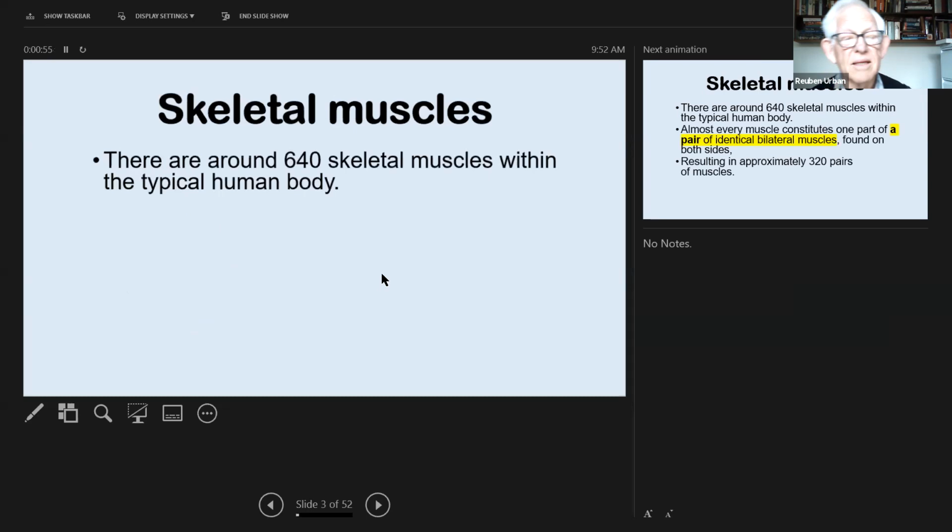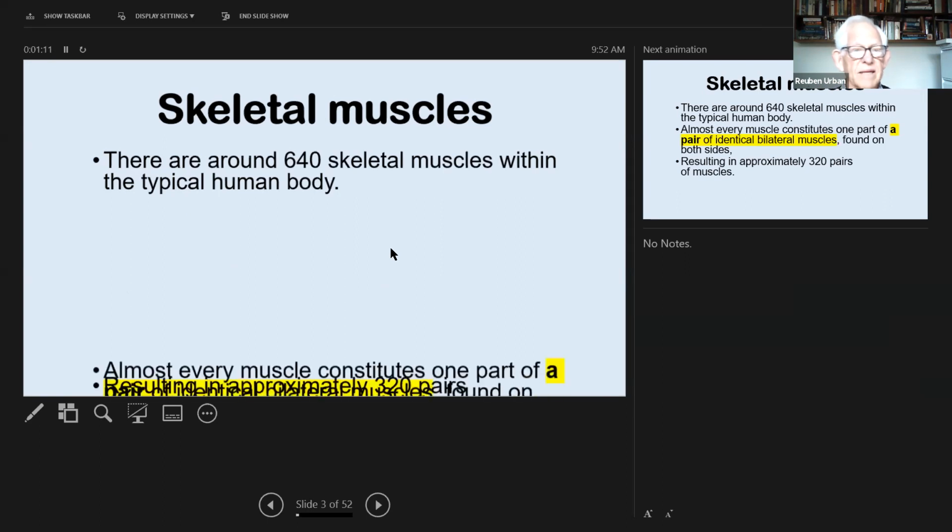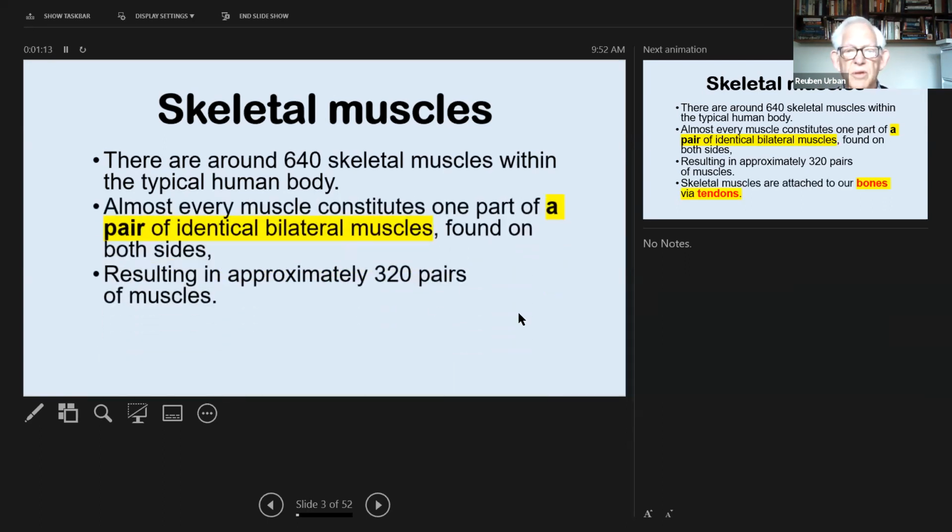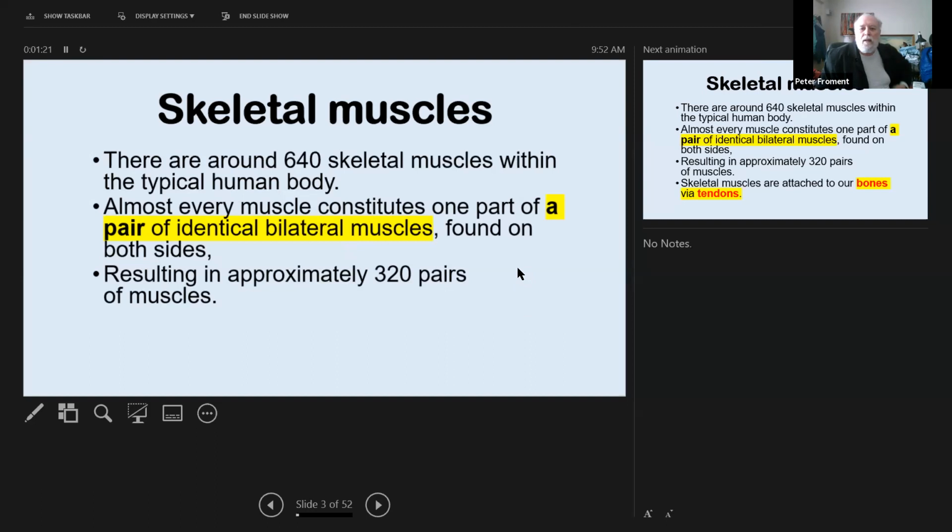So let's start with the skeletal muscles. There are about 640 muscles, or groups of muscles, because any one muscle is made up of groups of fibers. In a typical body, they mostly are made up of pairs. Because we're bilateral, that means if you cut us in half, the left side and the right side are basically the same.